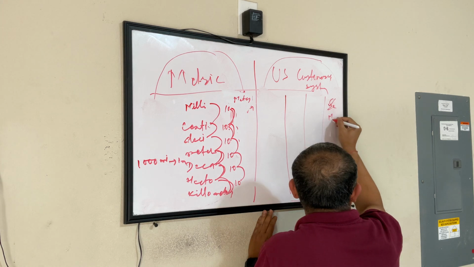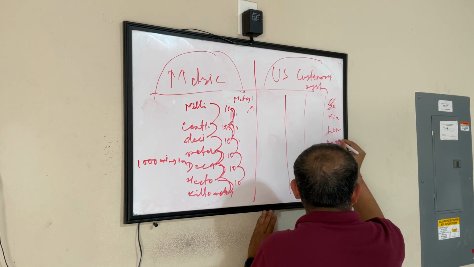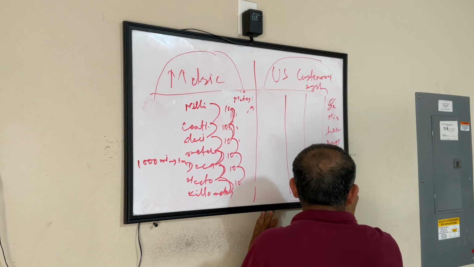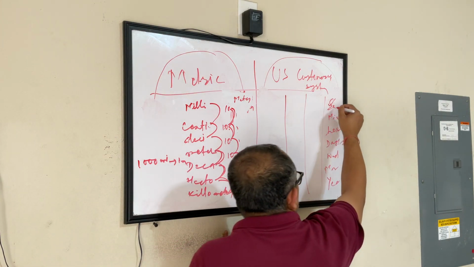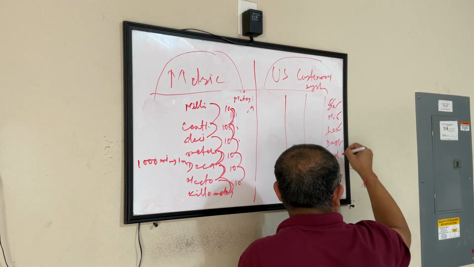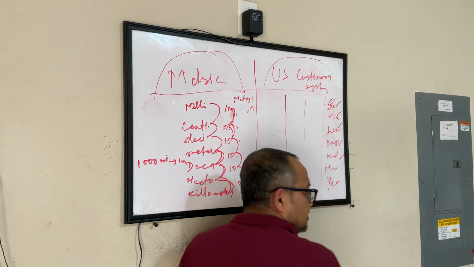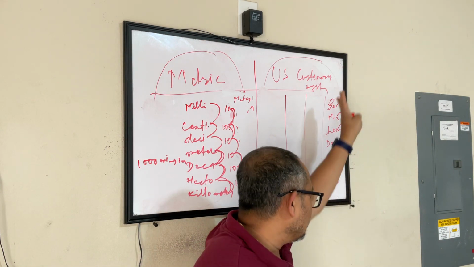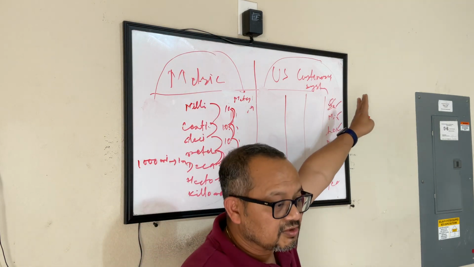Seconds, minutes, hours, days, weeks, months, years, decades, century. 60 seconds, 1 minute; 60 minutes, 1 hour; 24 hours, 1 day; 7 days, 1 week; 31 or 30 days, 1 month. That remains the same whether you are talking about the metric system or the US customary system.